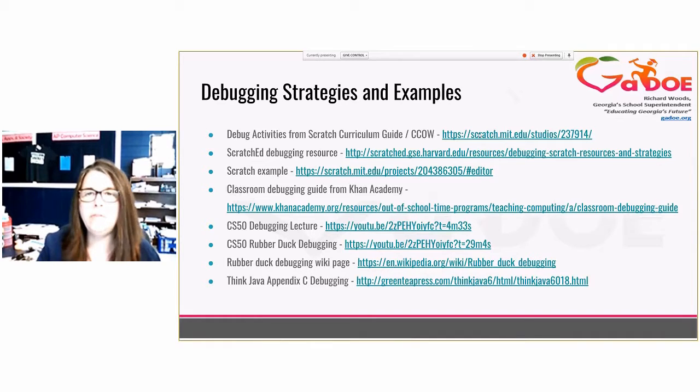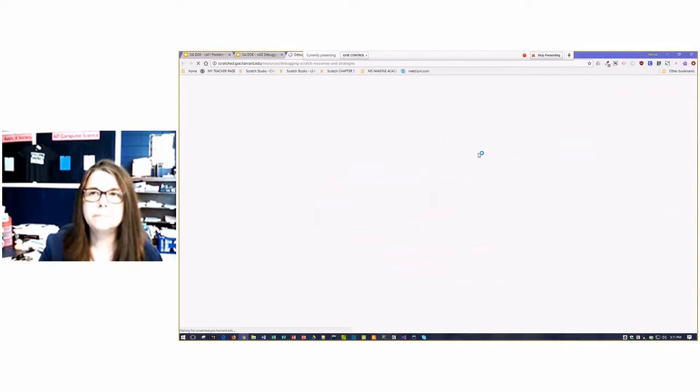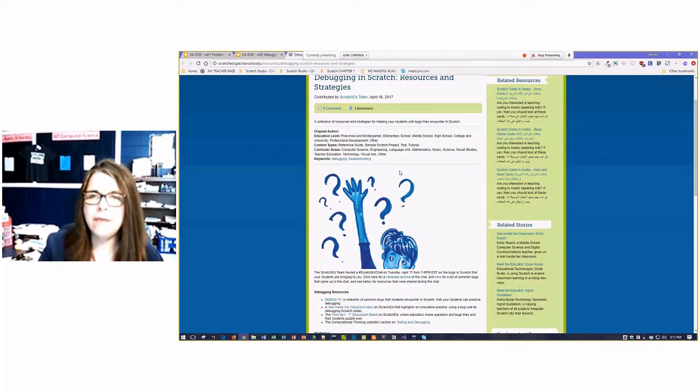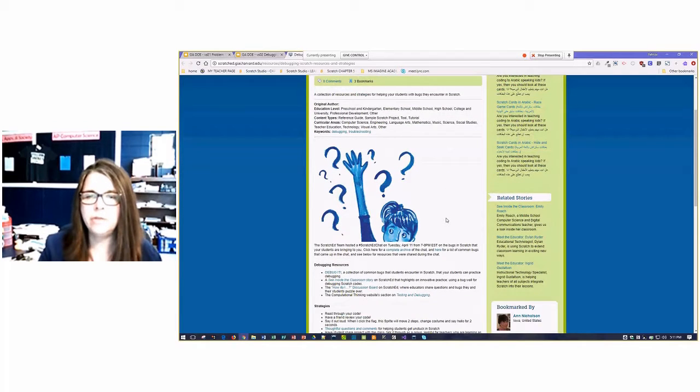There's a studio that is developed by Scratch Ed, here at Harvard, and they have a whole ton of resources outside of Scratch itself.